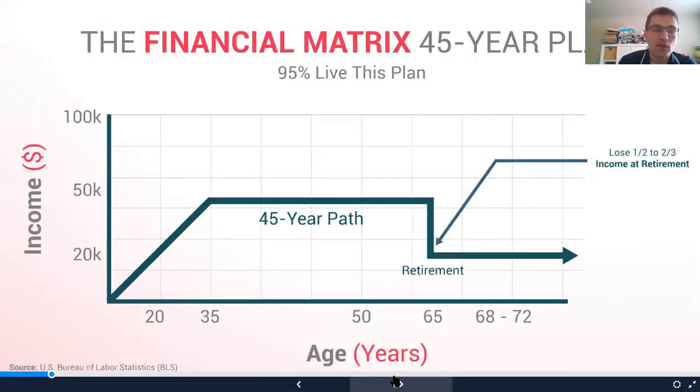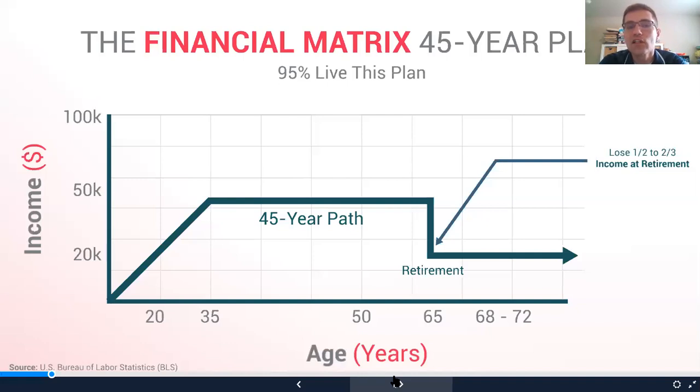This comes from the U.S. Bureau of Labor Statistics, you can see down at the bottom of the screen. They came out with this 45-year plan. This is based on our taxes. And basically what they show is that from the time we start working till about the age 35, we are making more and more money.